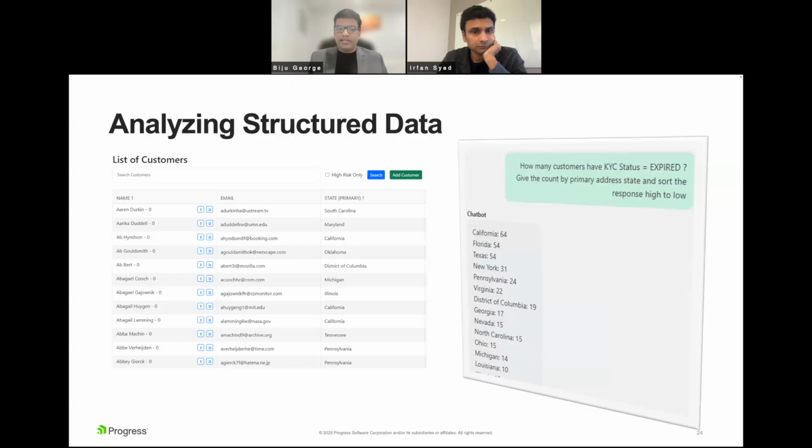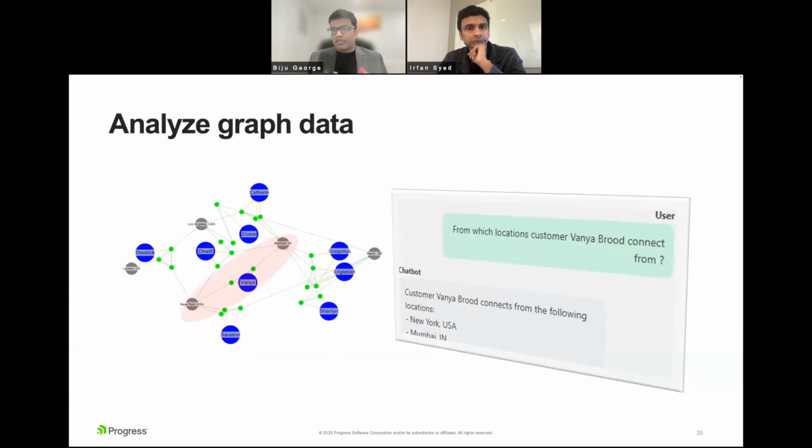Of course, for structured data or tabular data, the same chatbot invokes another tool when the input question involves some kind of aggregation from structured data, like grouping customers based on a value, right? Next. Okay, so MarkLogic also supports graph data.